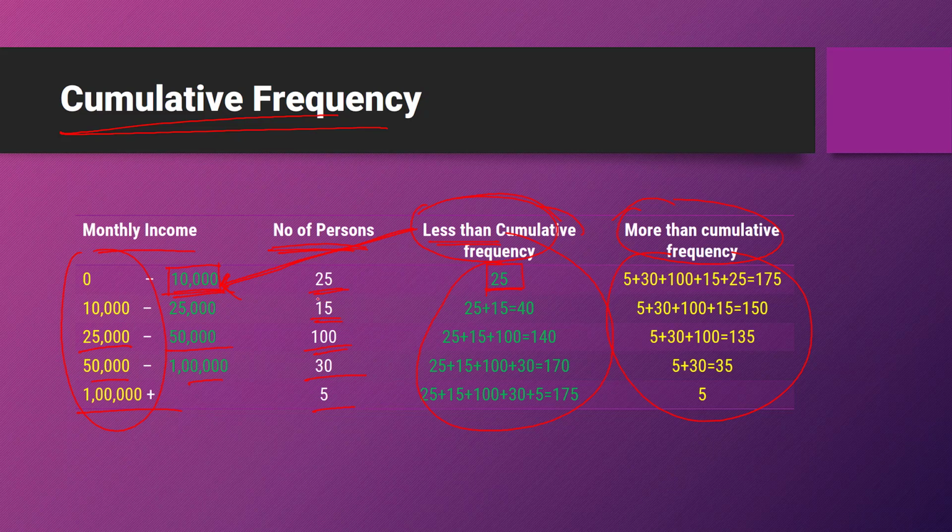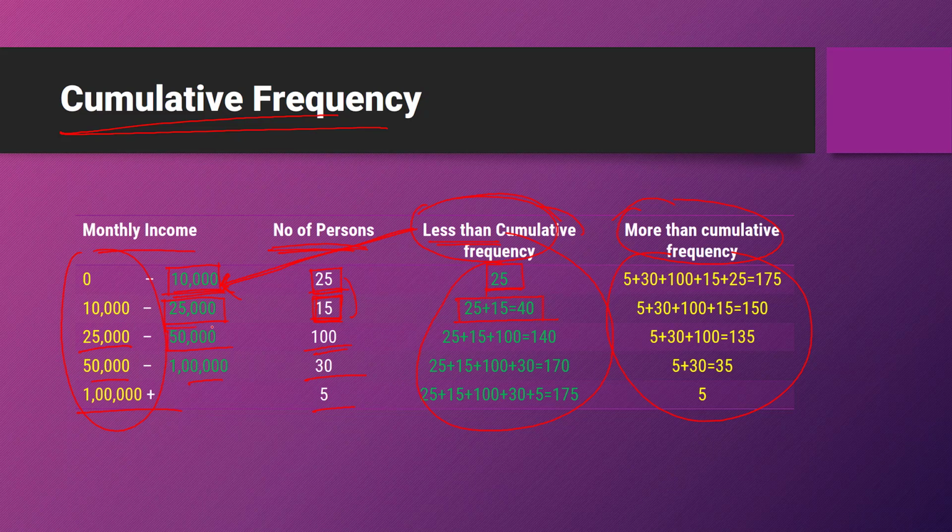Now if I add this 15 also, I need how many people have income less than 25,000. Obviously these 15 people have income less than 25,000. On top of that, the 25 persons who earn between 0 and 10,000 also earn less than 25,000, right? So we have to combine them. That's why we have added 25 and 15.